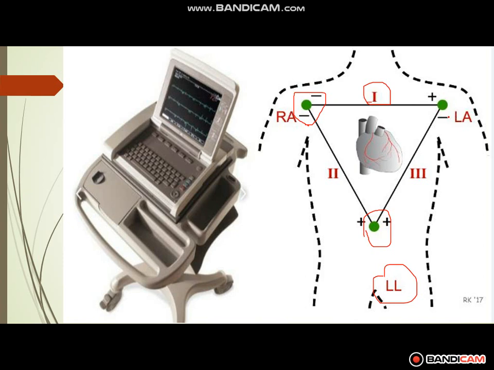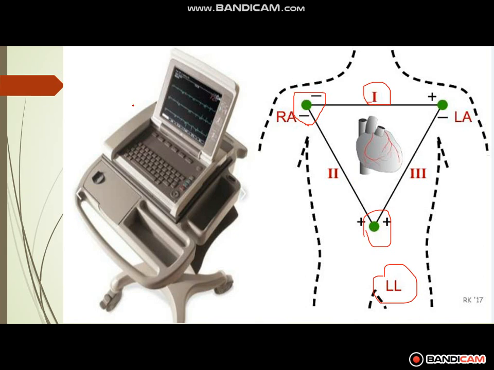It is very simple. So we have 3 leads. Lead 1 positive is in the left arm, and the other two leads' positives are in the left leg. So for lead 1, if the positive is in the left arm, the negative will be in the right arm.